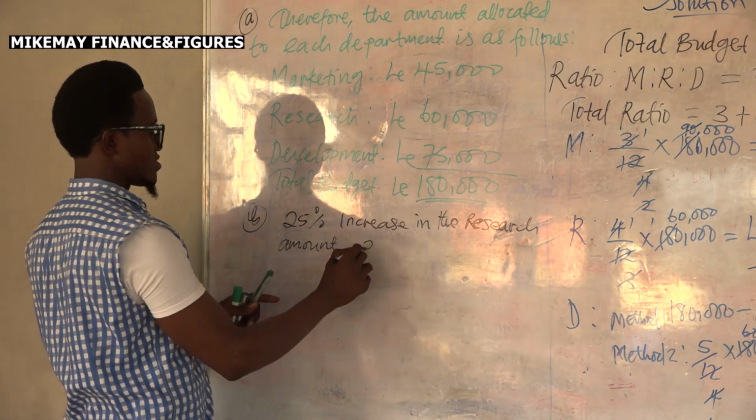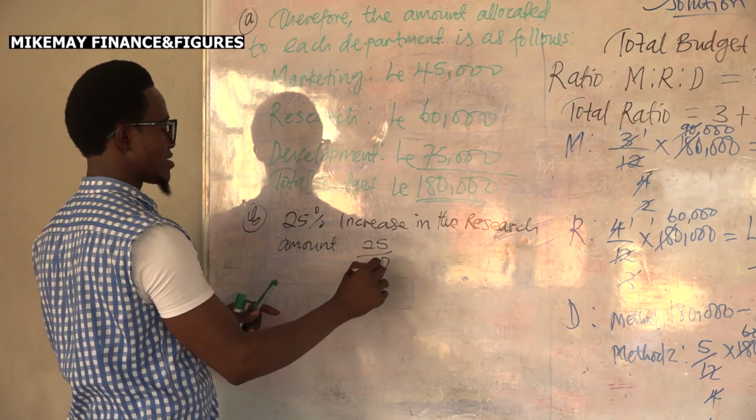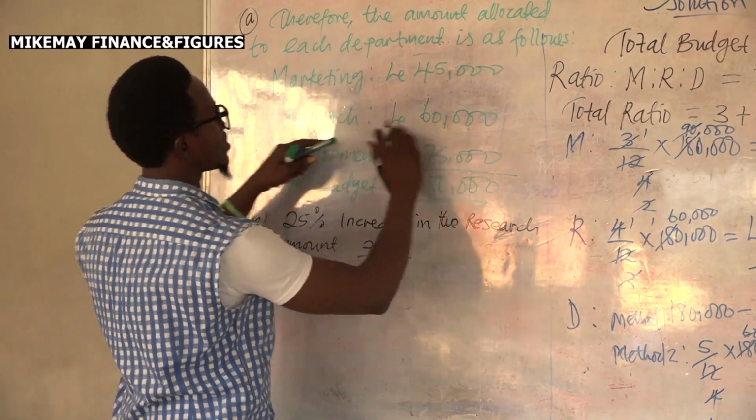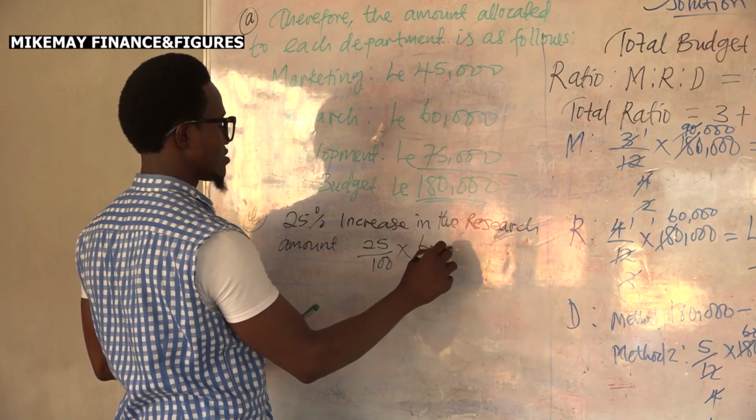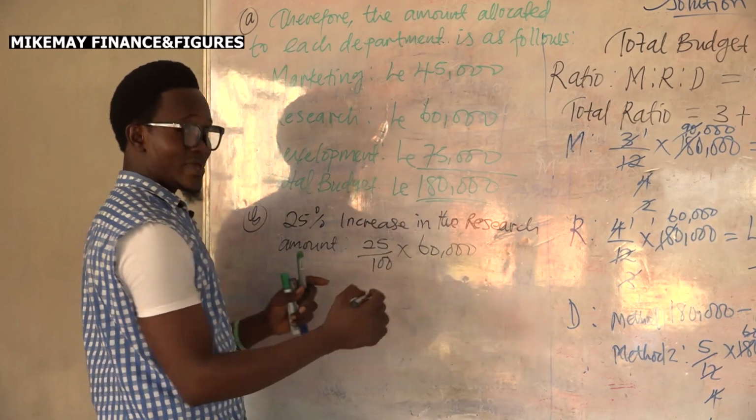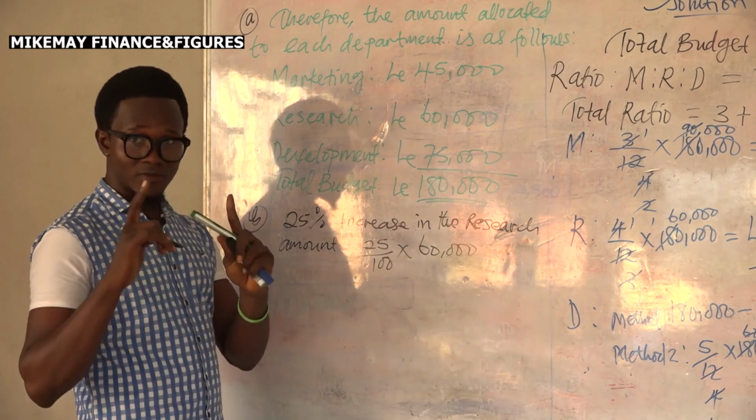This means 25 over 100 times the research amount, which is 60,000. Is that not so? That is, we are looking for the increase amount first.